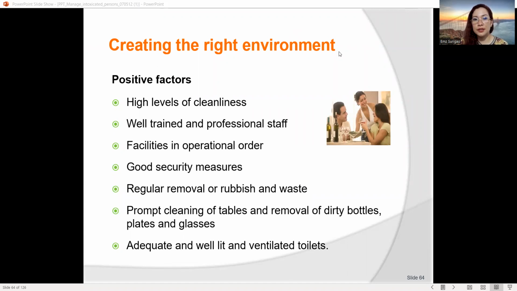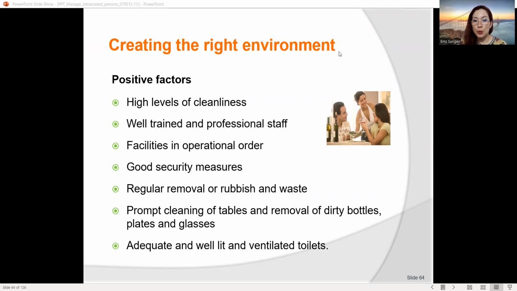So we will continue. Creating the right environment is the number one reason as well to have a smooth operation. So first, high levels of cleanliness. Second, a well-trained and professional staff.